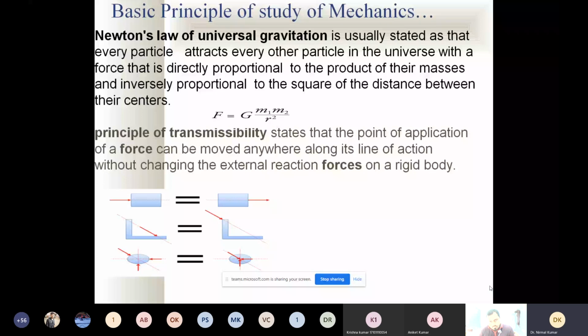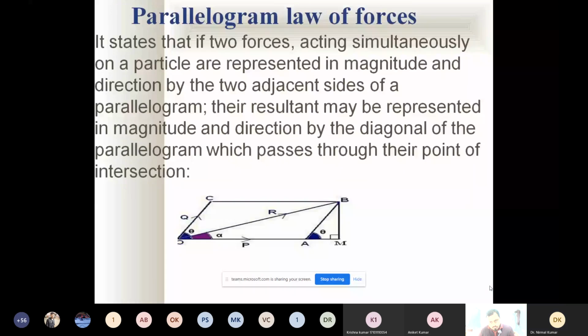And the sixth important principle for the study of engineering mechanics is the universal law. Each and every student knows it, the parallelogram law of forces. Everyone has been studying it since school, everyone knows its solutions, and it is a delightful moment for you.